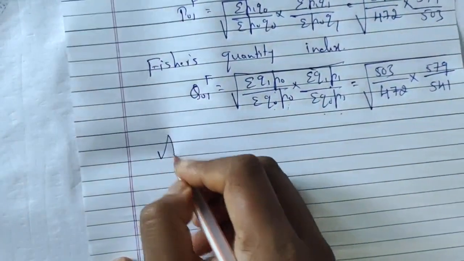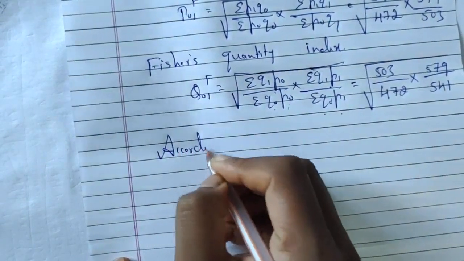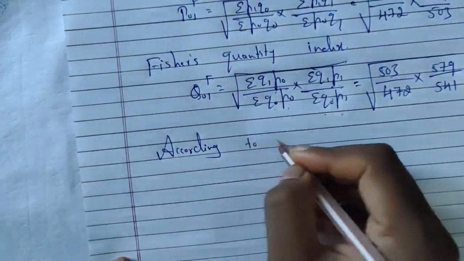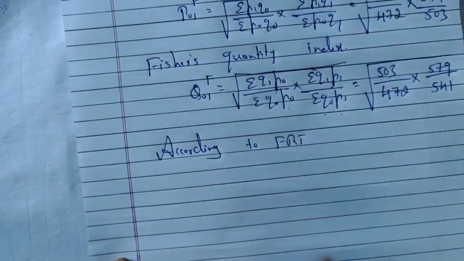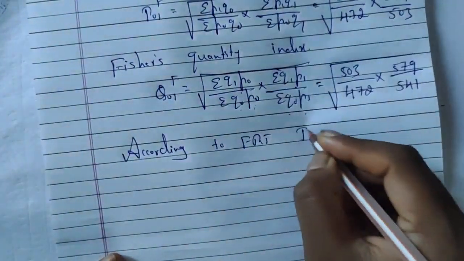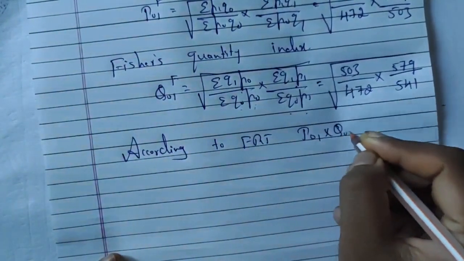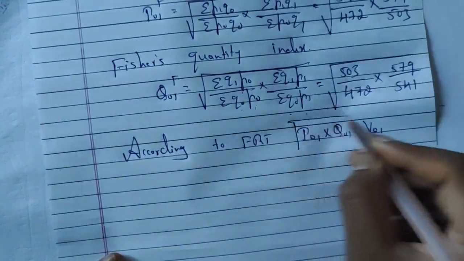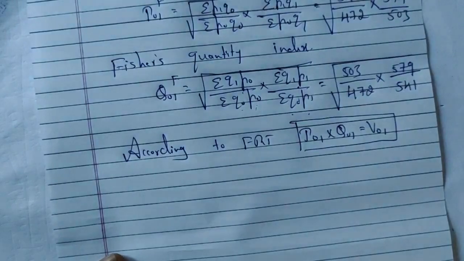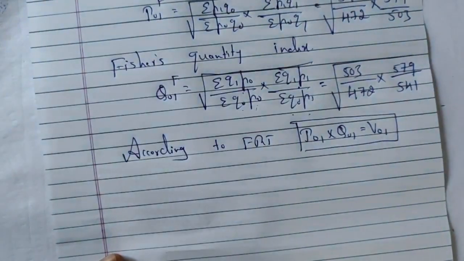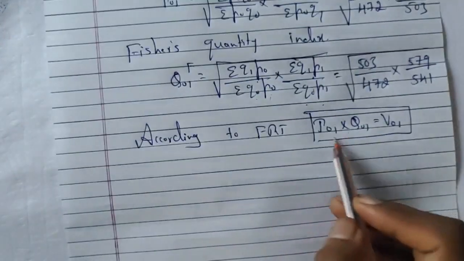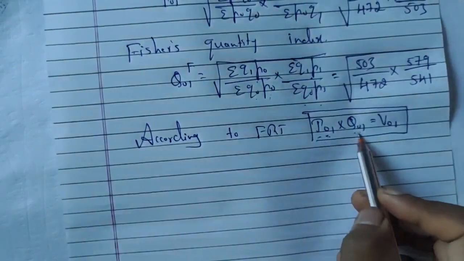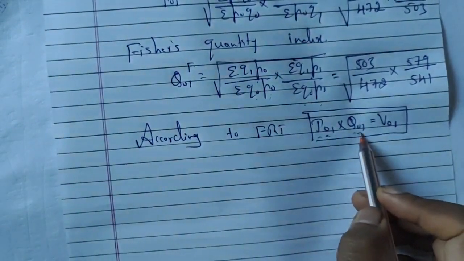Now write according to FRT, P01 into Q01 equal to V01, right? P01 into Q01 equal to V01. First consider the two values, that is P01 into Q01.